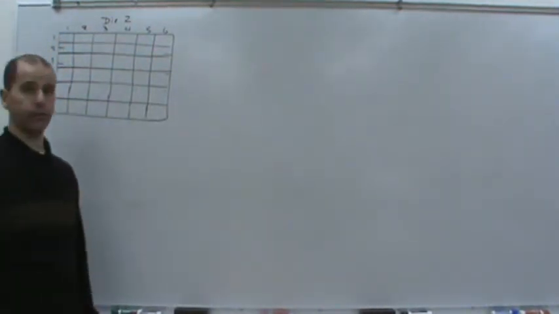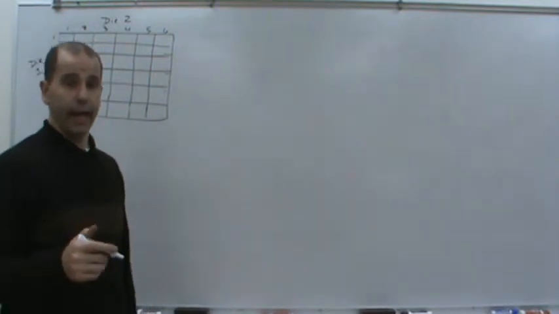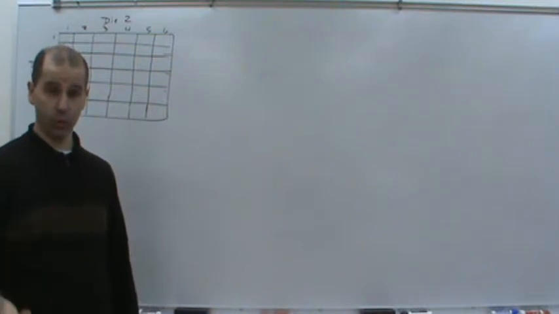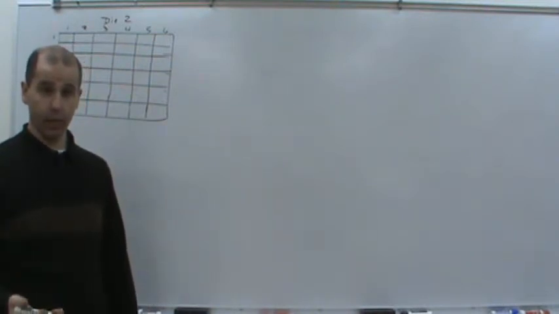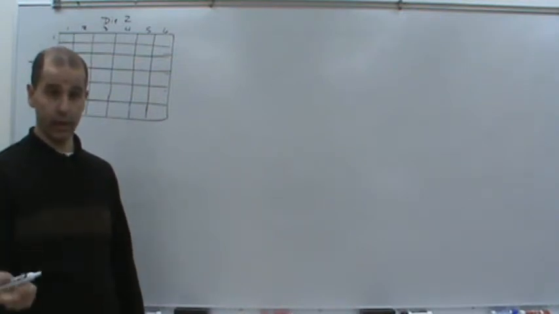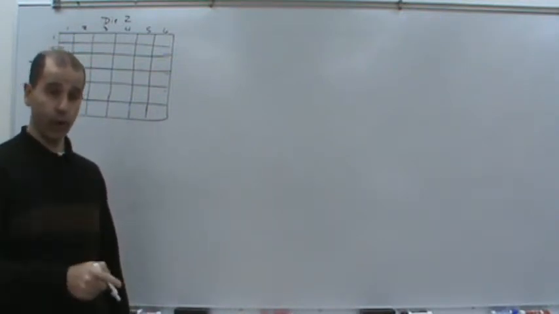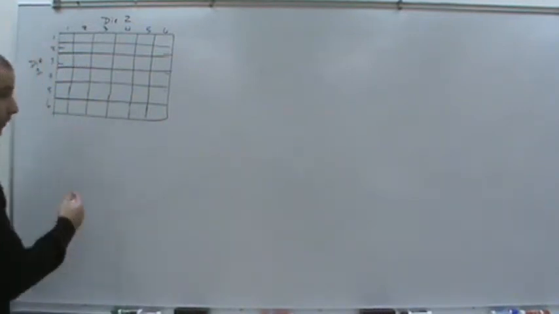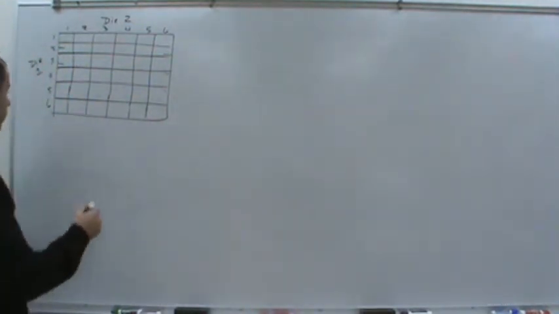Now I'm going to fill in the board real quickly. What are all the possible outcomes I could get on the roll of 2 dice? I could get a 1 and a 1. I get a 1 on the first one, 1 on the second one. I get a 1 on the first, a 2 on the second, and so on. Let me fill in the table very quickly with that pattern.